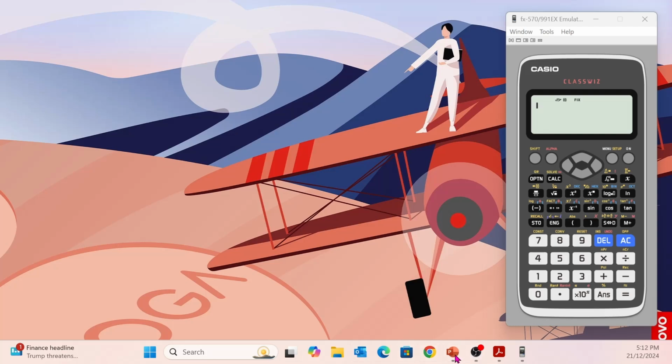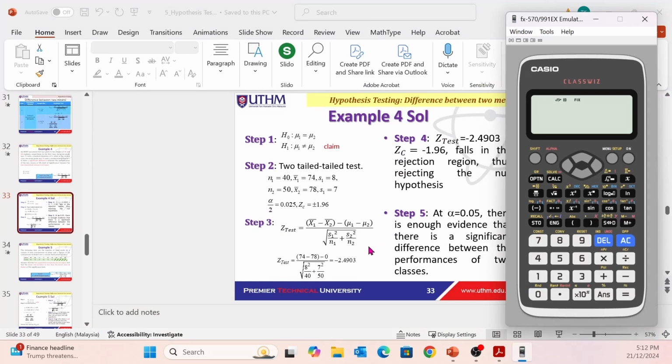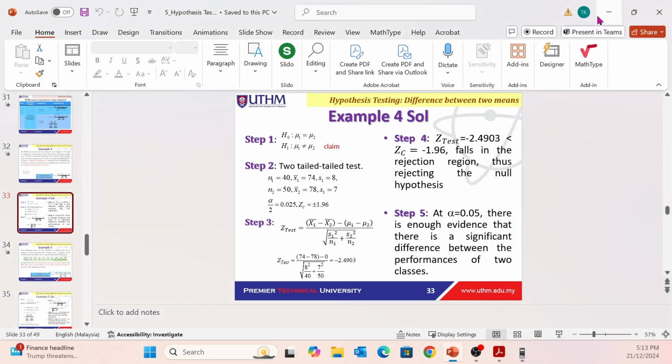Looking back at the slide, 74 minus 78 is negative 4, divided by the square root of 8 squared over 40 plus 7 squared over 50, and you get negative 2.4903.